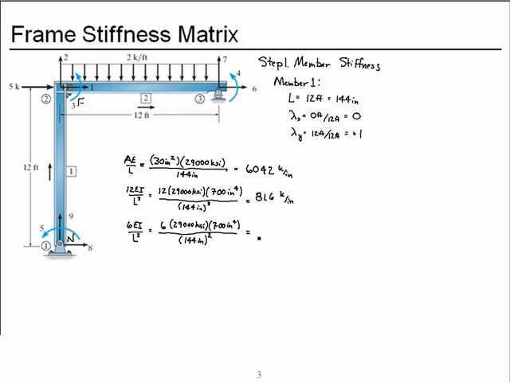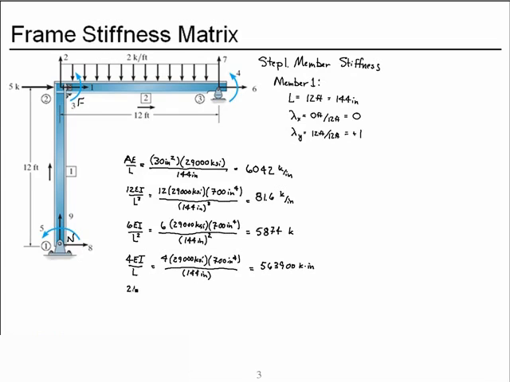This evaluates out to be 5874 kips. 4EI over L is 29,000 ksi times 700 inches to the fourth, over the length, 144 inches, which equals 563,900 kip inches.